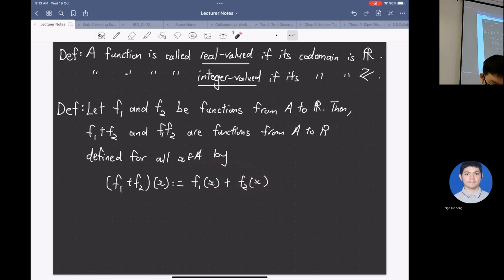So I put in the input, and it spits out a sum of real numbers. It's still a map from your domain to R.